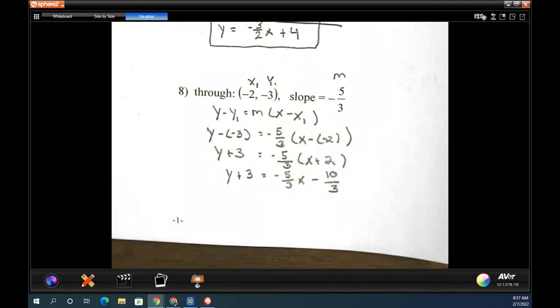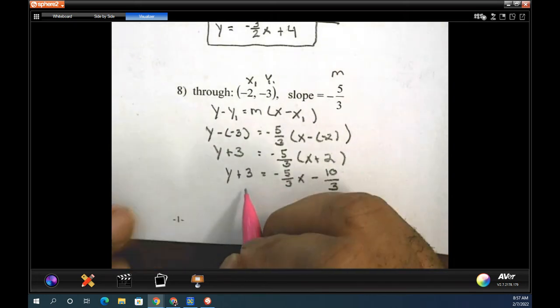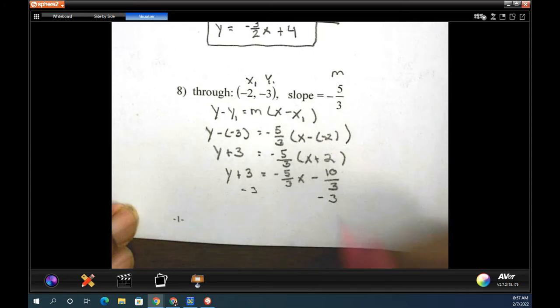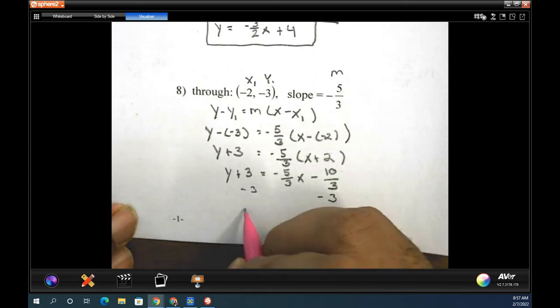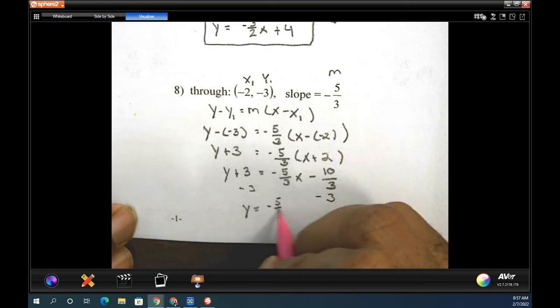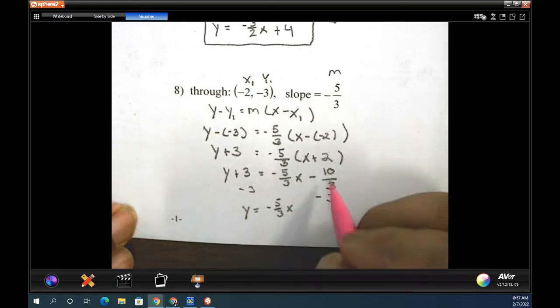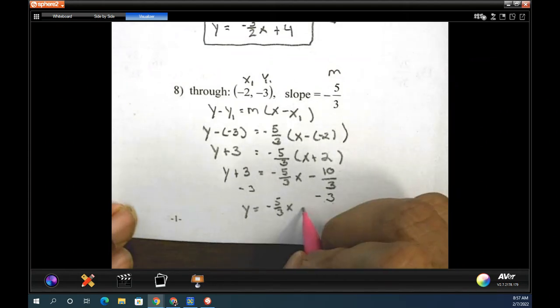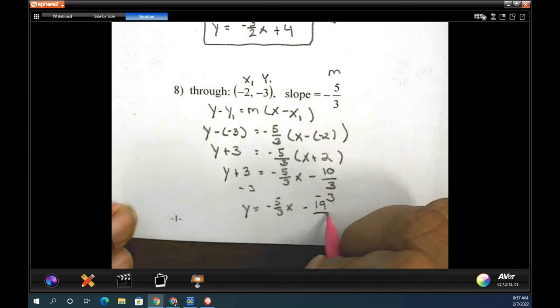Can you get that far? Where I'm at right now. Okay. So the last part is just subtract 3. Negative 5/3 x. Negative 10/3 minus 3 turns out to be minus 19/3.